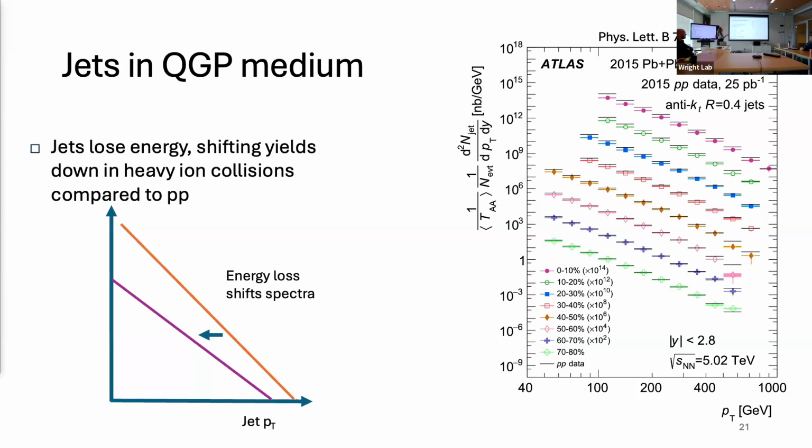And so you can see that there's a depletion in the number of jets that you see at a given pT. And these are scaled by this factor, which essentially scales up the proton-proton collisions to the amount of collisions that you're actually getting in a lead-lead collision, because there are more protons.